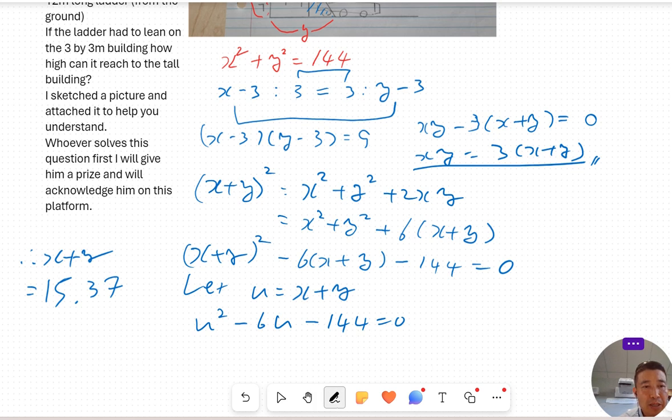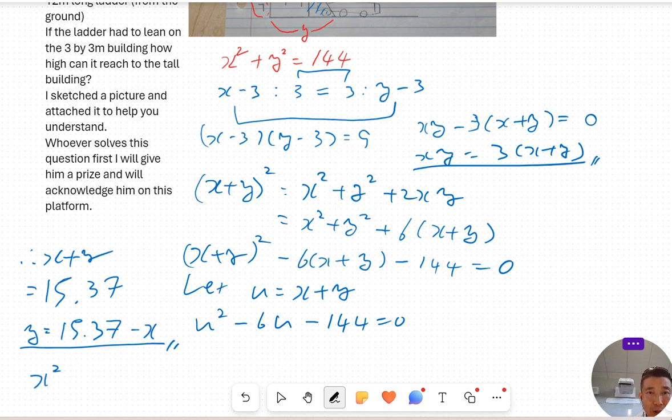So I'm gonna make y the subject. So y equals 15.37 minus x, right? So we can plug this into that equation, x squared plus y squared equals 144, to find x, right? That's what we want, isn't it?